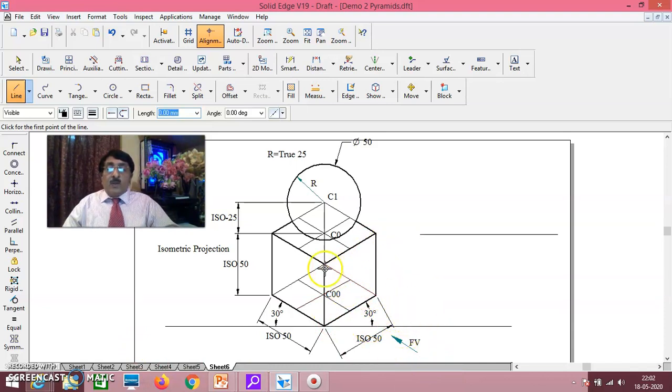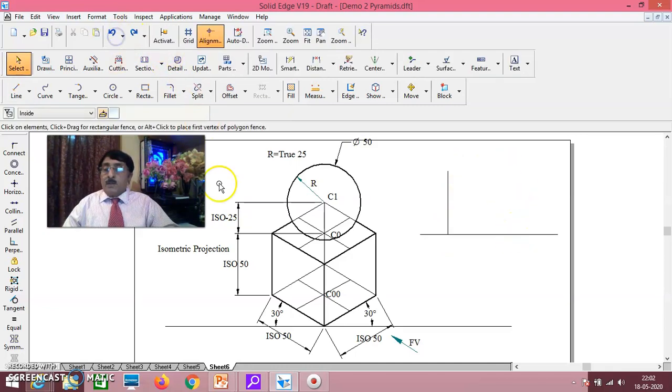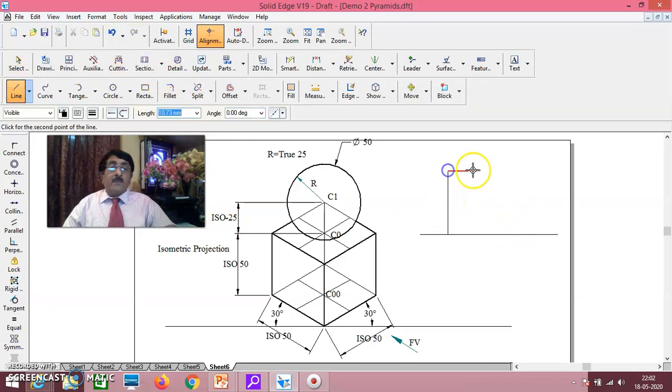Front view will be this square. I have drawn the front view. This should be 50 square. Actually, it is 50 square. Now I'll dimension this also.